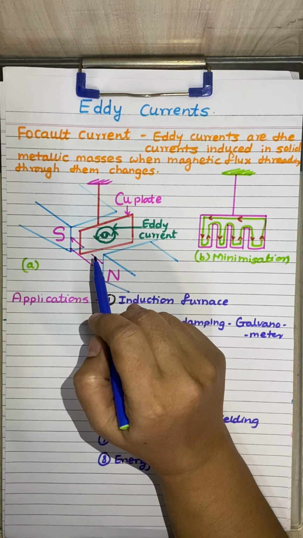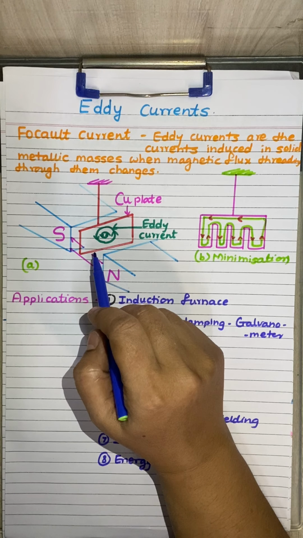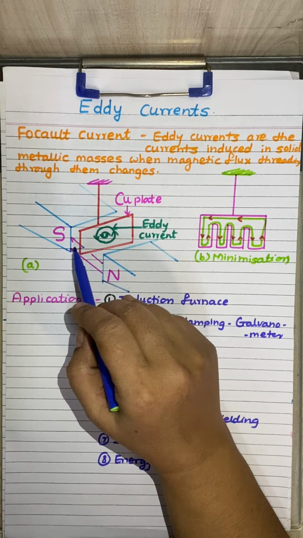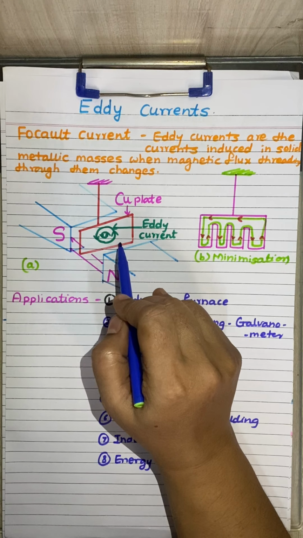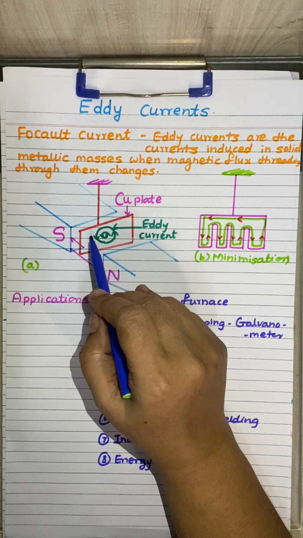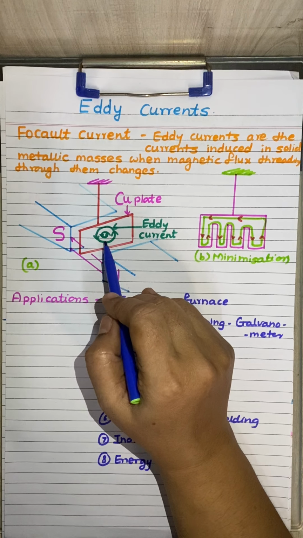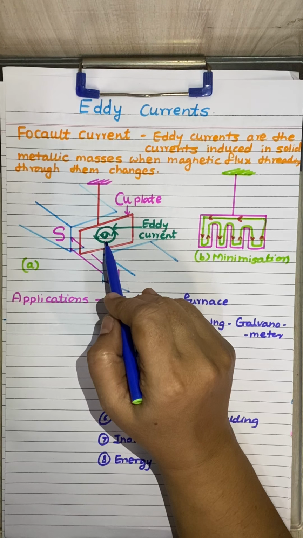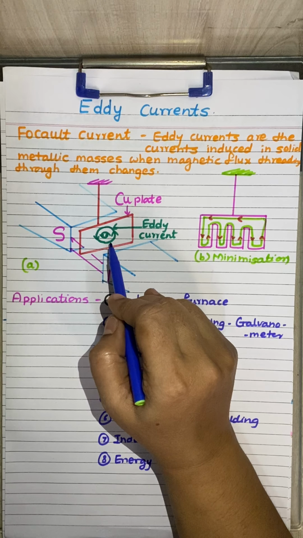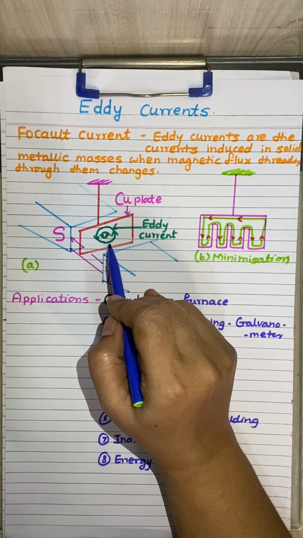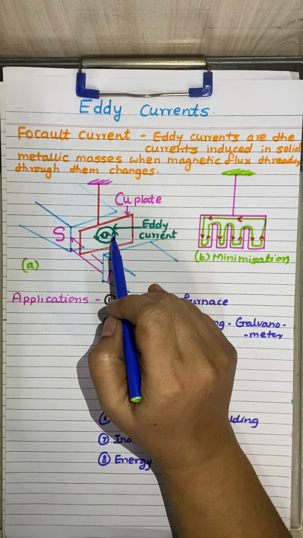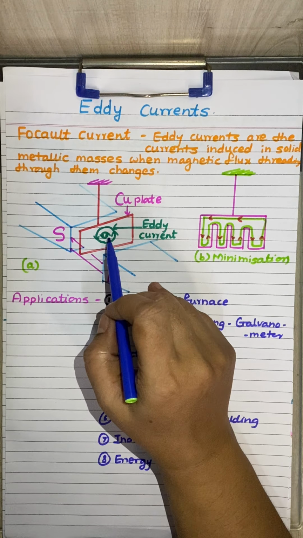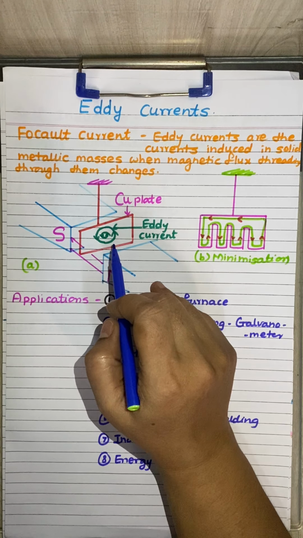The induced currents flow in closed paths in planes perpendicular to the lines of force through the body of that metallic sheet. These currents look like eddies. Eddies means whirlpools in water, so they are known as eddy currents. As these currents were first discovered by Foucault in 1895, they are also called Foucault currents.